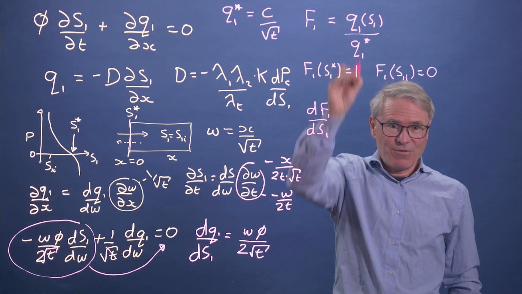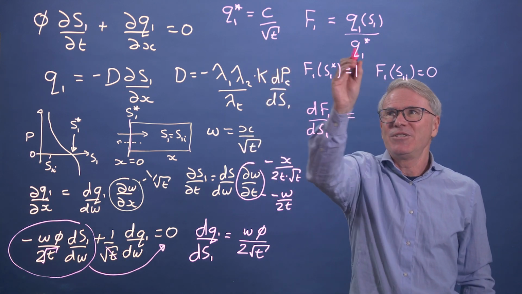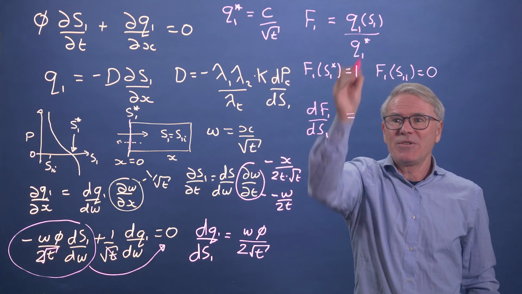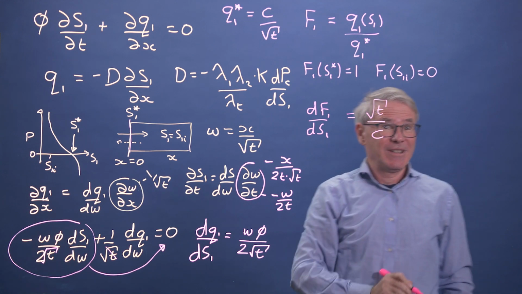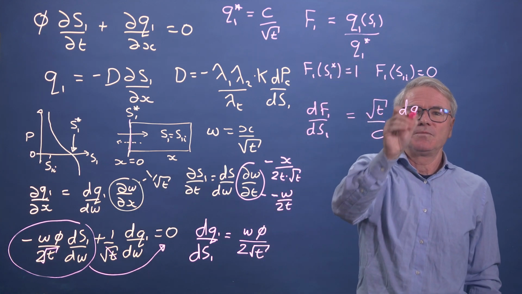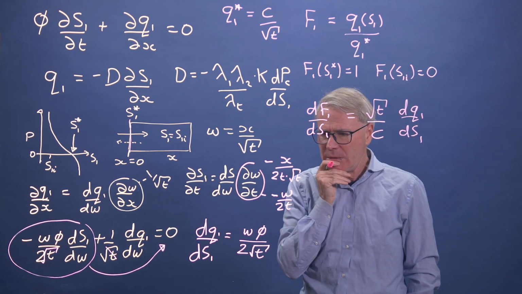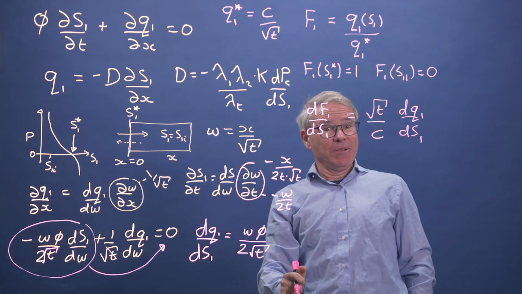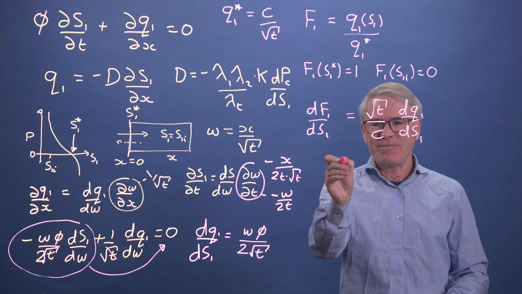This is a constant, remember, and we know what that is. What's on the denominator is Q1 star, which I'm just going to write as C over root t. We sort of know that already. And then we've got dQ1 by ds1. Oh right, it's here, wasn't it? And the root t's nicely cancel out.